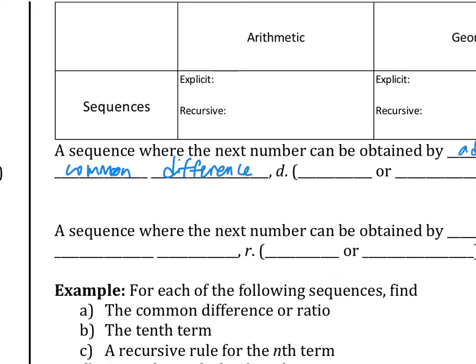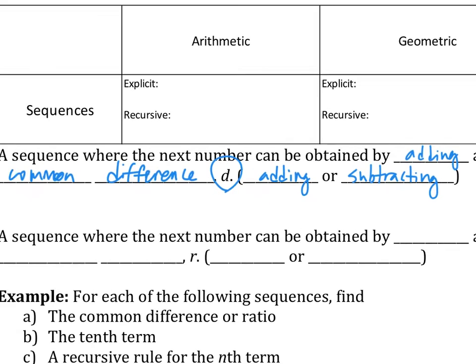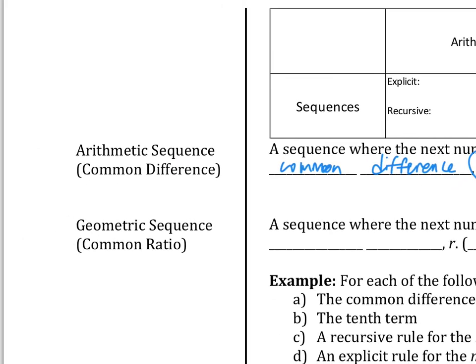Difference just means that you get to the next number by adding or subtracting a number, whether that number itself is positive or negative. We call this common difference d. So what you want to remember is that you can get to the next number by adding or subtracting. We call this an arithmetic sequence.